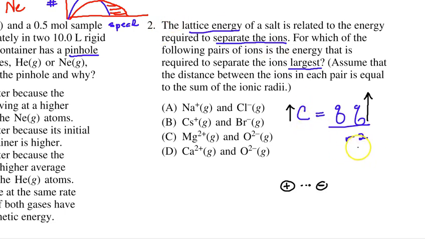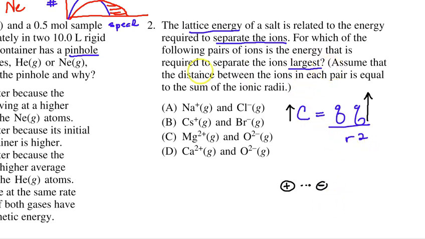Now, the distance: as ions get smaller, the distance between them gets closer. Or I like to think of it in terms of, easy for me to say, if the ion gets smaller, its charge density increases.